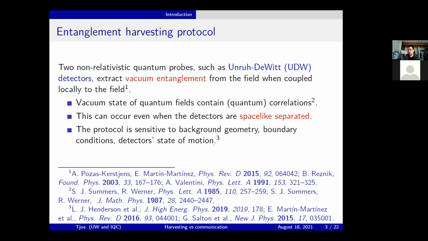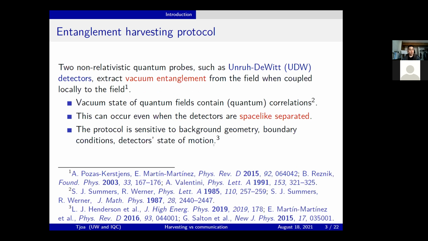So first, these are not exhaustive lists of work that has been done for many years, but the entanglement harvesting protocol has been investigated in many situations. It is essentially the protocol where you have two non-relativistic quantum probes, such as Unruh-DeWitt detectors, which extract entanglement from the vacuum of the field they interact with, and they couple locally to the field.